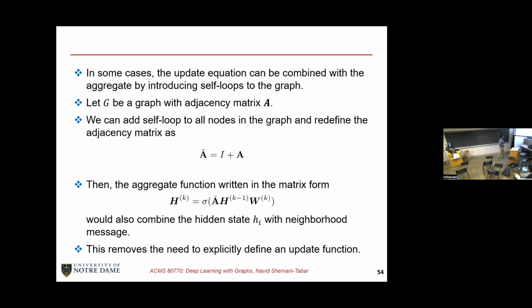And we looked at a couple of very simple models. We looked at aggregation as just a summation of the embeddings that we have. Then we looked at linearly combining the messages from neighborhoods with the current state of the node, plus some nonlinear layer as our update.